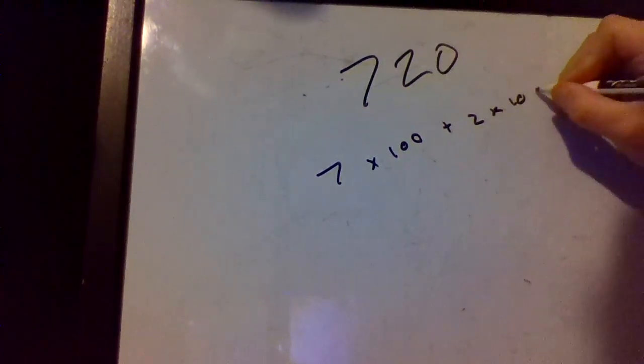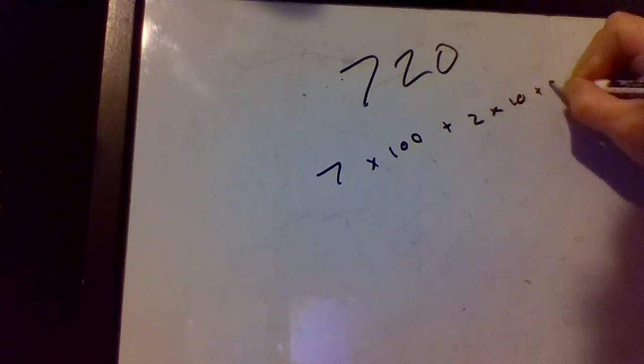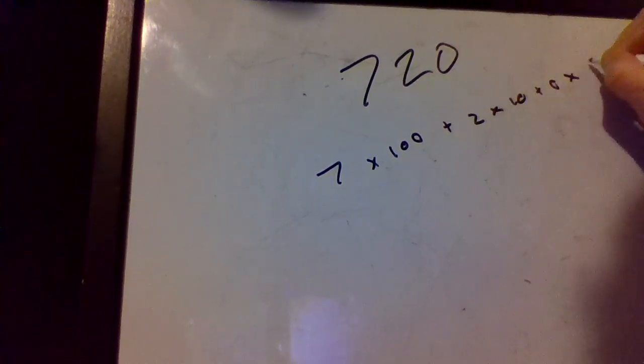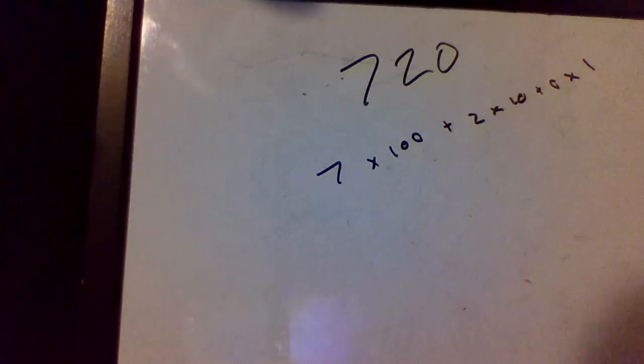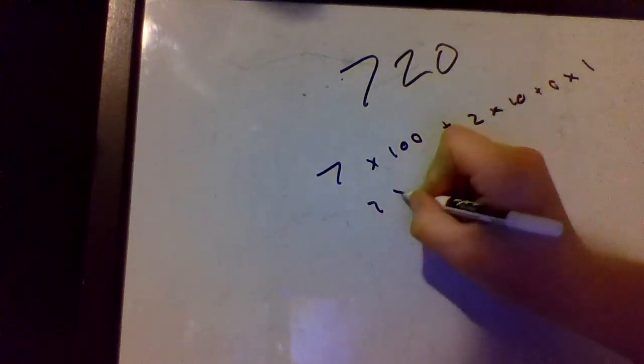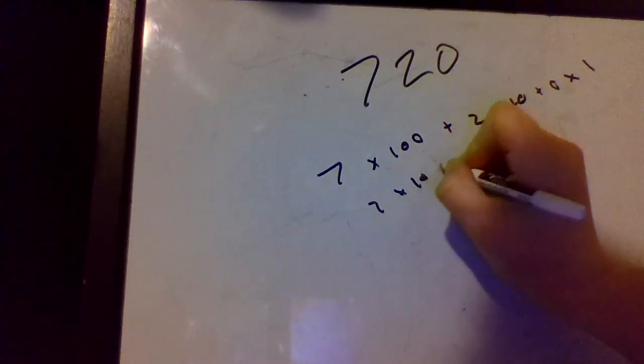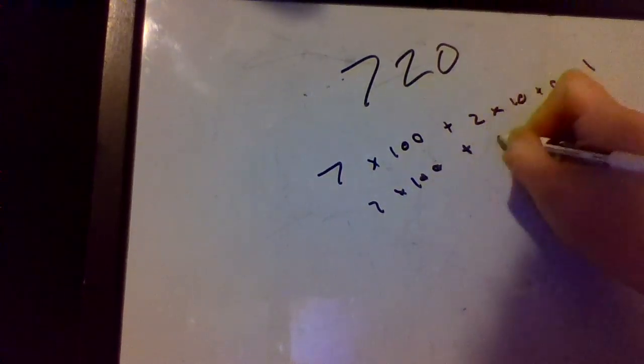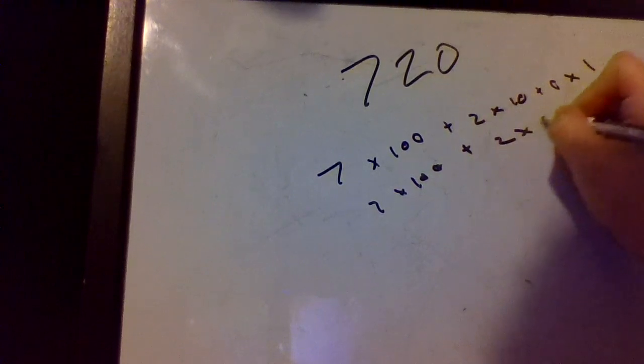And if you want to do this, you're not hurting my feelings, 0 groups of 1. But the way you'll usually see this is 7 groups of 100 plus 2 groups of 10.